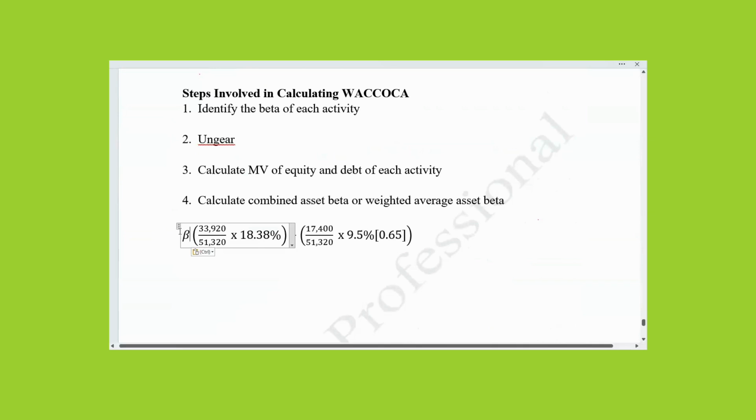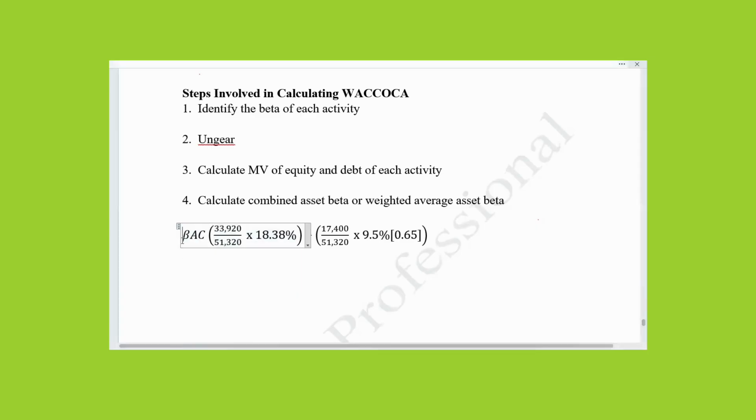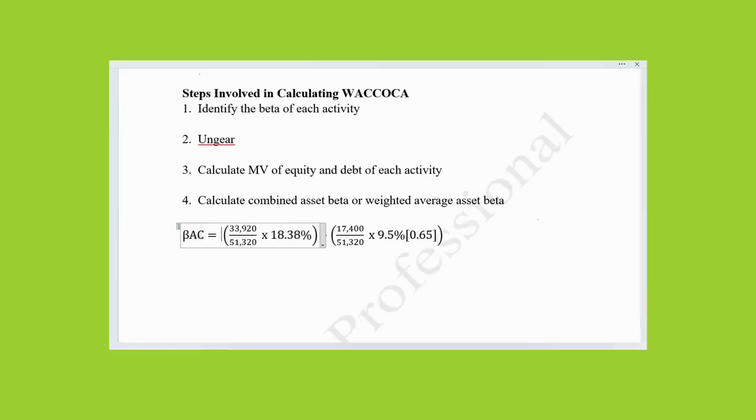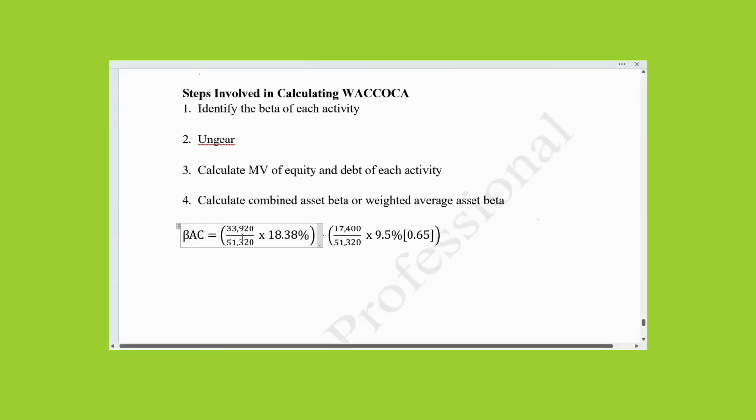Okay. Beta asset of the combined is computed as, let me use this side.